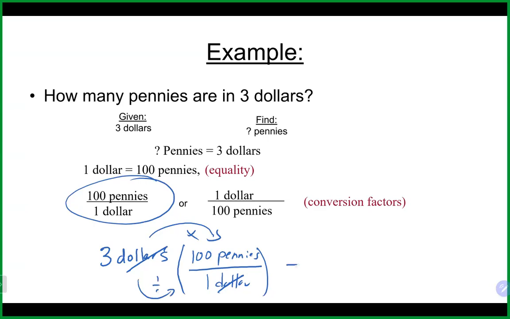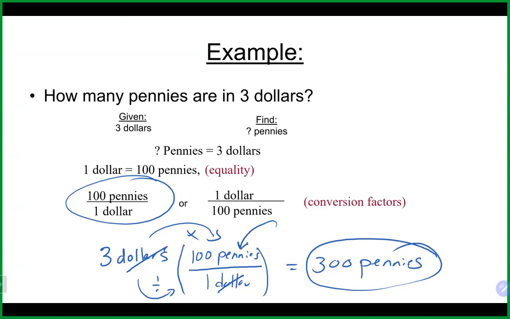That's going to give us 300 pennies. Significant figure-wise, this would be an exact number. That means we should default back to the 3 that is there, and that means 300, no decimal point, would have one significant figure in this case.